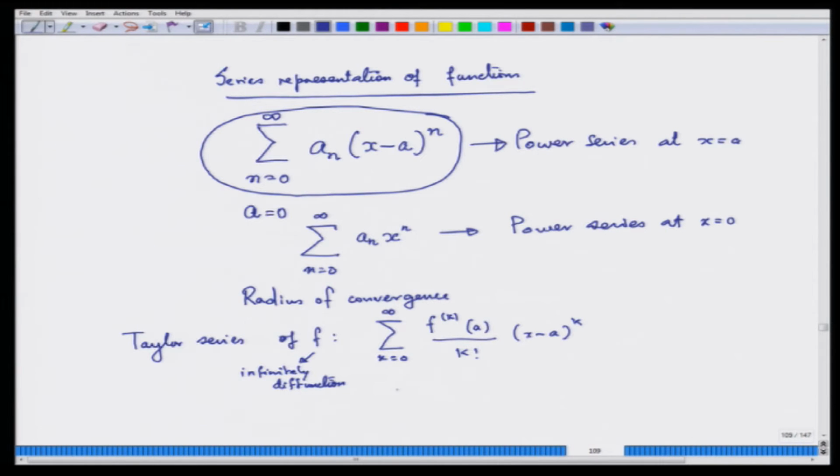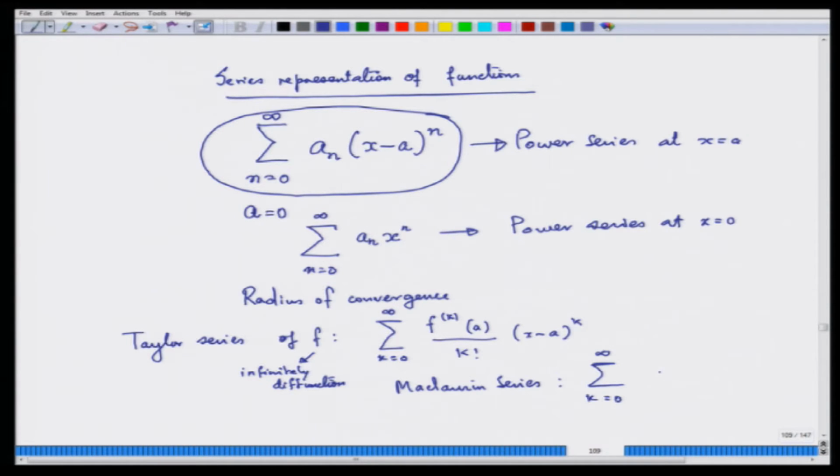Similarly, there is something called the Maclaurin series of f. Maclaurin series is a much easier representation. Maclaurin was a student of Newton also, just like Taylor was. Maclaurin series is of this form. 0 factorial is assumed to be 1, please note this, because k is starting from 0.